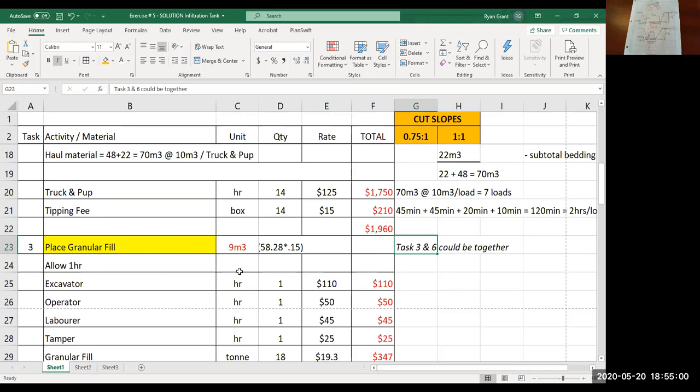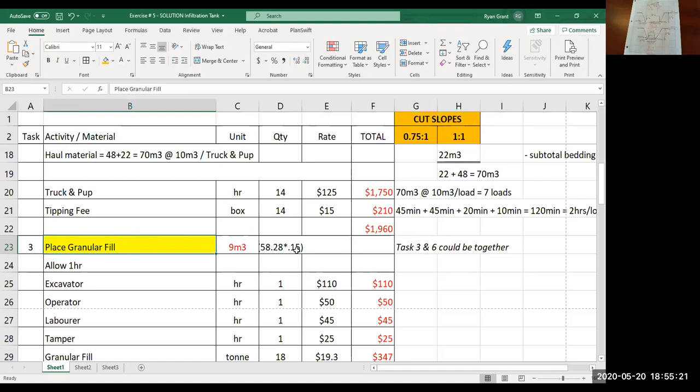So I've broken out the two different granular backfill tasks. The first one is the 150 millimeter depth below the tank structure. It's the surface area underneath the tank, including my 150 additional length on all four sides.